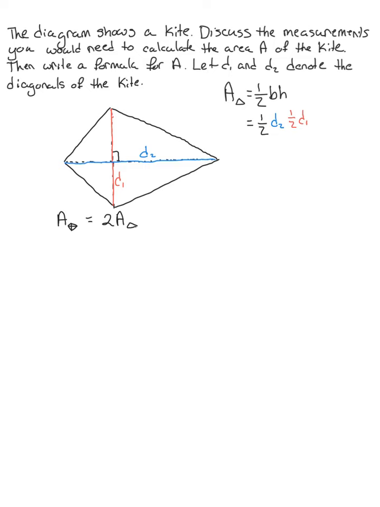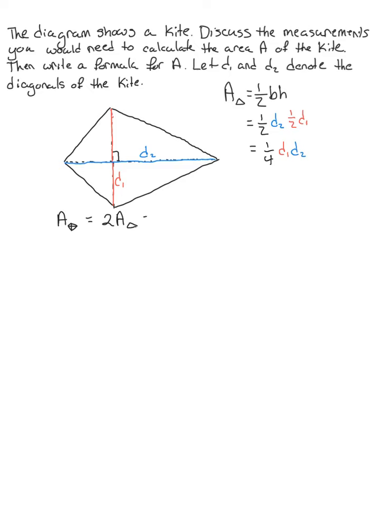So if we put that together, then the formula for the upper triangle is going to be 1/4 times D1 times D2.